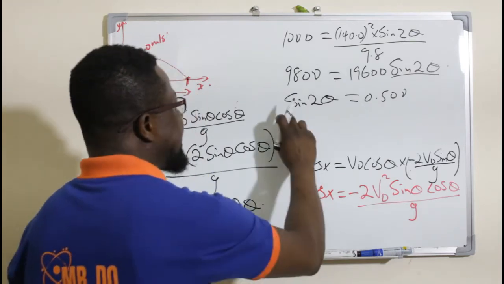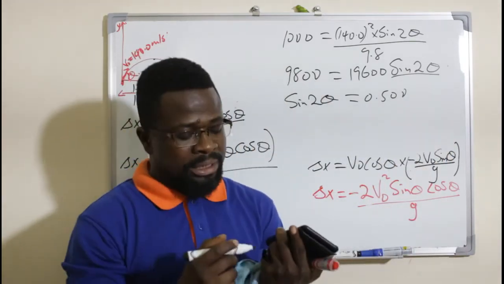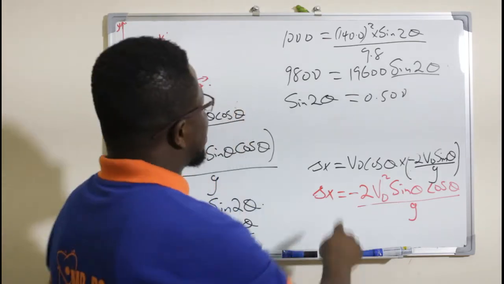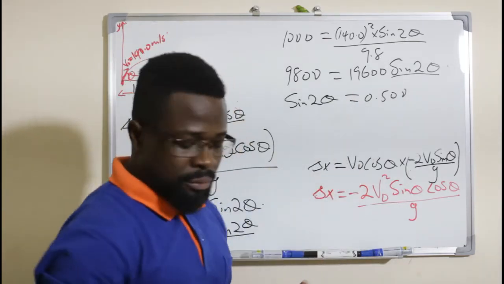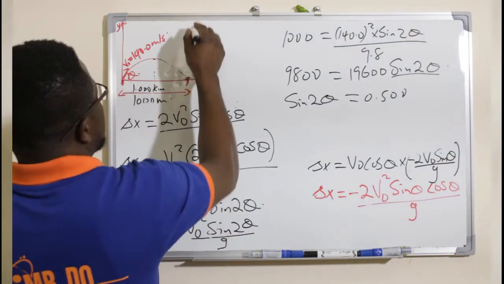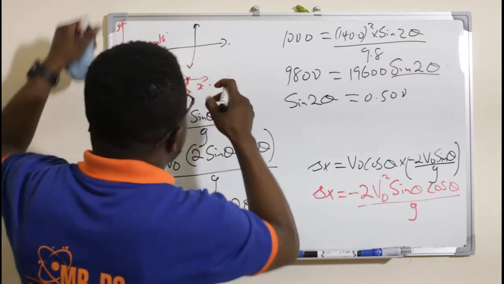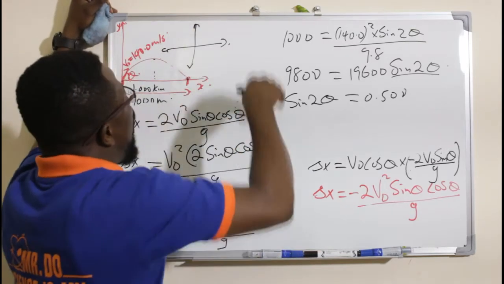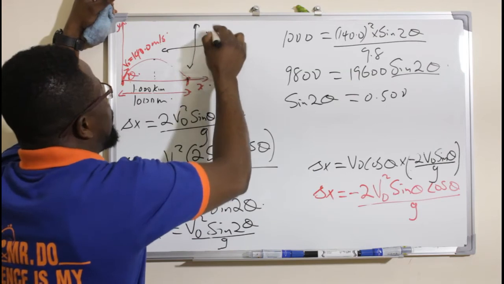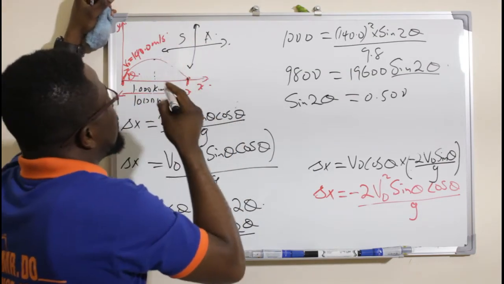From this point here, the knowledge of trigonometry is very important. Look at this here. Sine is positive. On this Cartesian plane, we said in this quadrant, all the trig ratios are positive. And here, sine is positive.